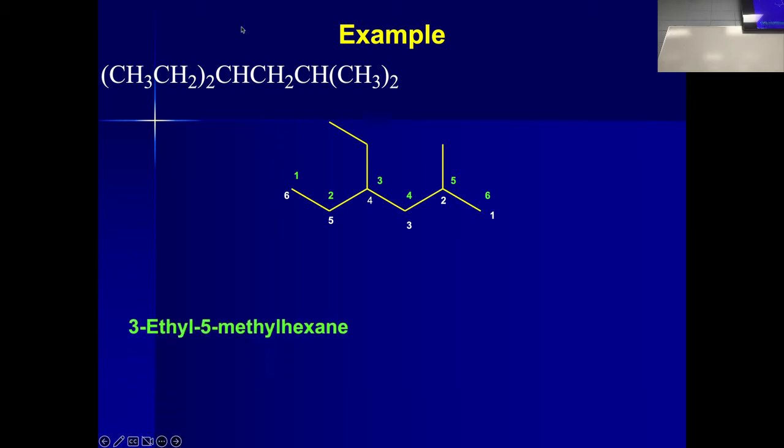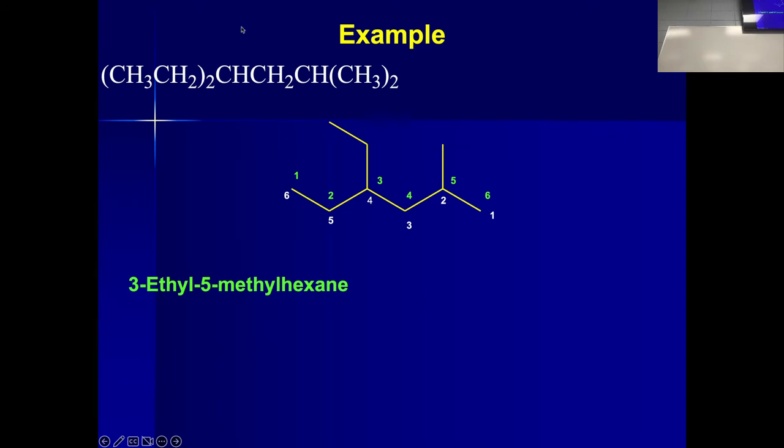If I go with my green numbering system, I would end up with 3-ethyl-5-methyl hexane. Notice you list your substituents in alphabetical order. E comes before M. So with the green numbering system, it's 3-ethyl, 5-methyl hexane.